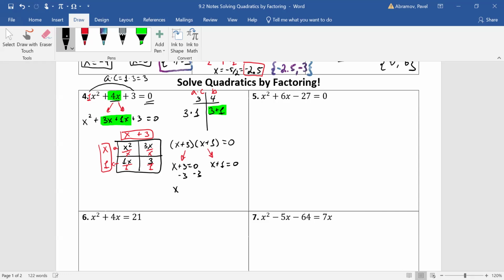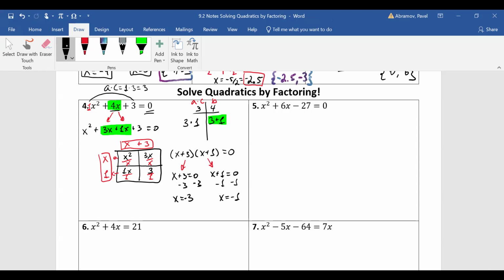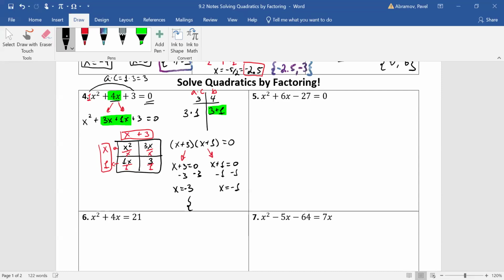Subtract 3 on both sides, so we get x equals negative 3. Subtract 1 on both sides, so x equals negative 1. And therefore, our answer or set of answers is negative 1, comma, negative 3. By the way, it doesn't matter in which order you write your answers in curly brackets. Any order is correct. Okay. And therefore, this is our final answer here.